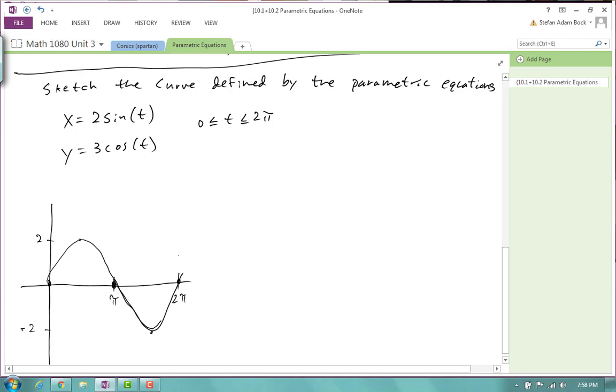We'll pretend that that looks good. But if I do y's, I'm actually going to go from negative 3 up to positive 3.